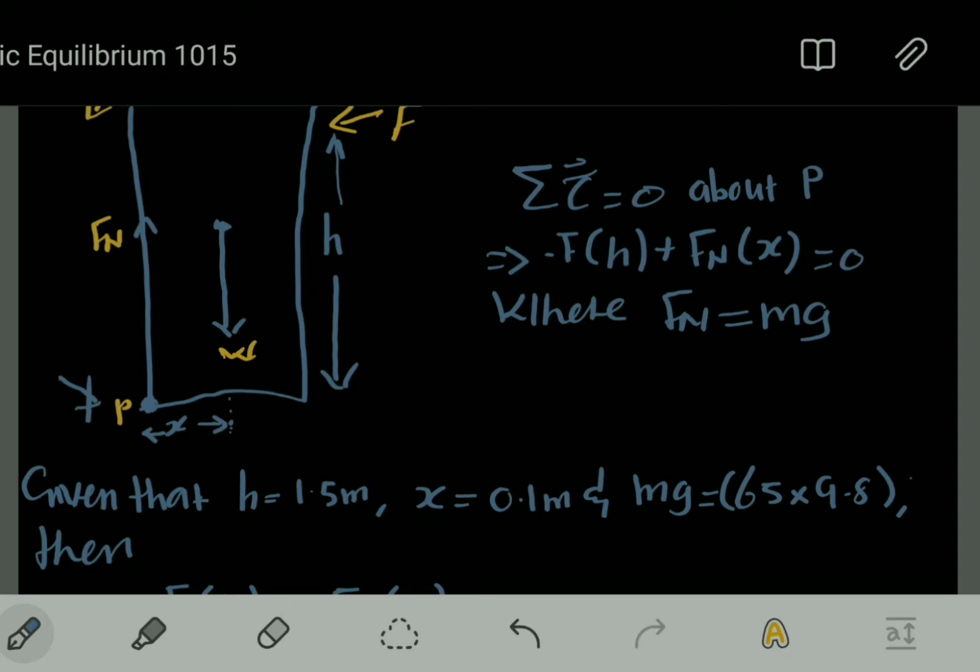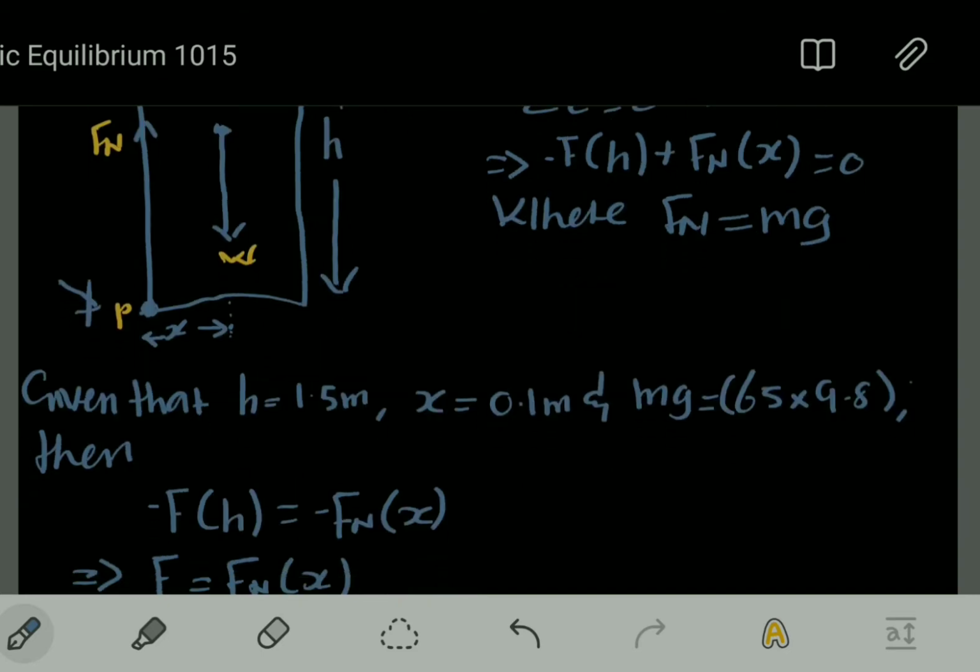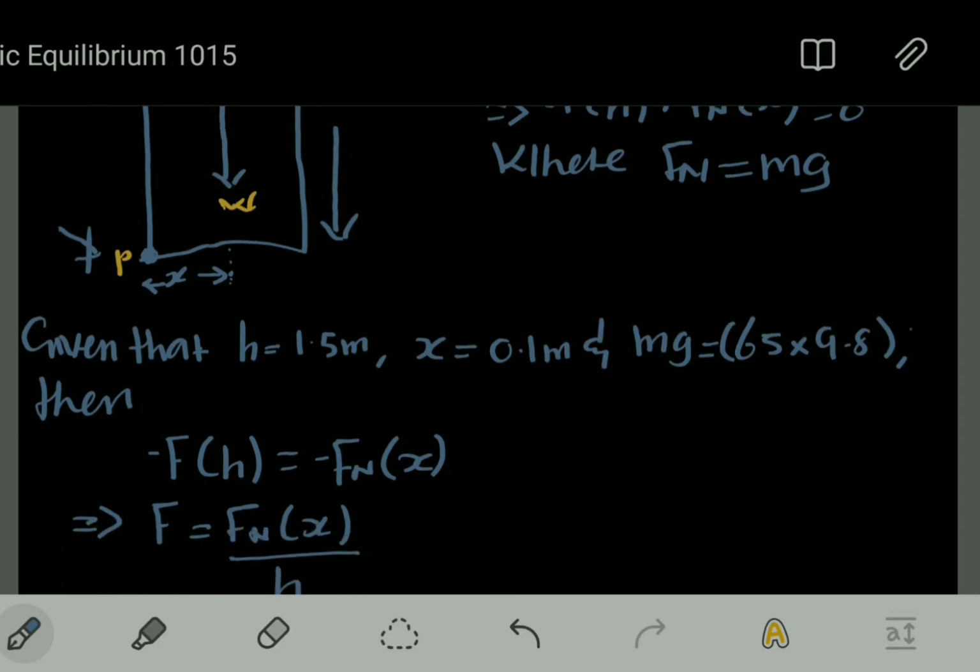The distance x away from the center of gravity will give us a torque which is anti-clockwise. Then the normal force is also acting upwards and is perpendicular to the total distance of this block, or rather the base.